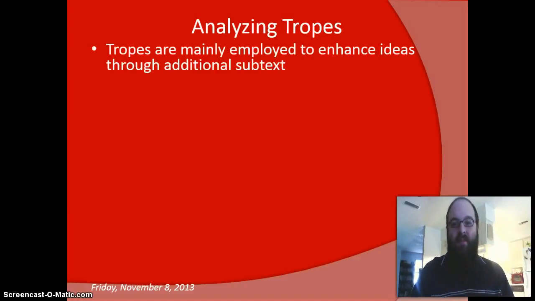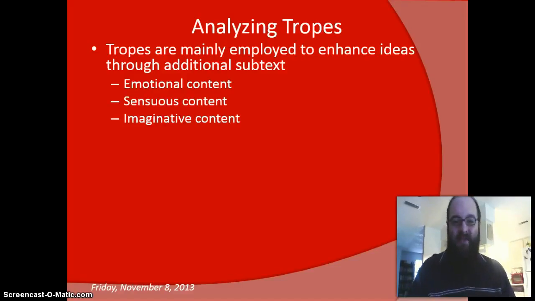Tropes are mainly employed to enhance ideas through some sort of additional subtext by giving those raw ideas emotional content, sensuous content, and imaginative content. And this is basically the same thing you're looking for when you analyze any type of word choice, even just bare diction. You're looking for the emotions, the sensations, and the ideas that come along with those words outside of their denotative or literal meaning.